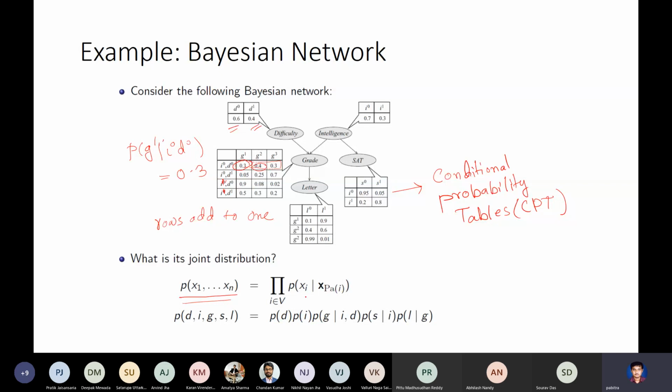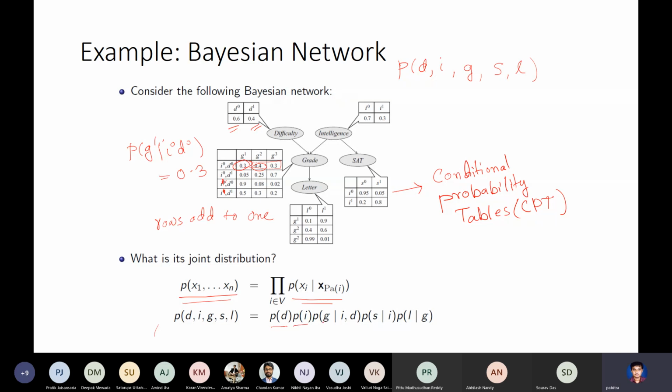So what is the factorization? Product of P(xi given parents of xi). So these will be the terms. For example, what is the representation here? If we look at difficulty, intelligence, grades, SAT and letters, if we look at the graph, it would factorize into this from the graph structure.